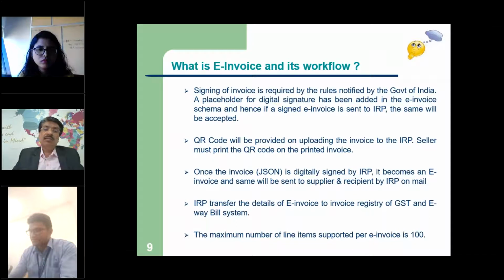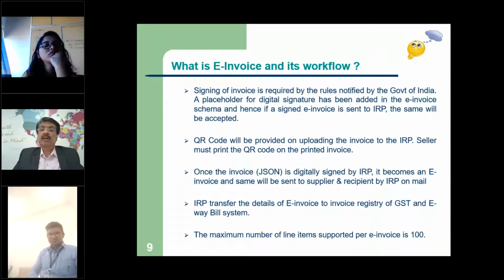The e-invoice will be sent to the supplier and also to the recipient by the IRP on mail. It would also be reflected in the invoice registry of the GST portal and in the e-way bill system. So this data will be available in the invoice registry of the GST portal and the e-way bill system.